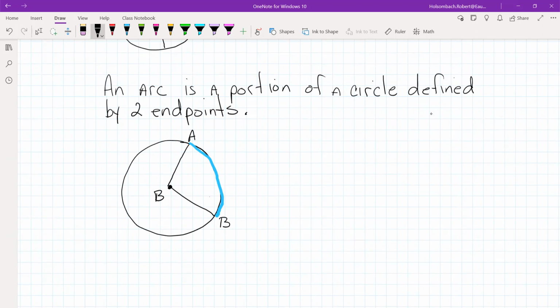Now, an arc can have a length and it can have a measure, a degree measure. So this reads the measure of arc AB. That's in degrees. This would be read as the length of arc AB.